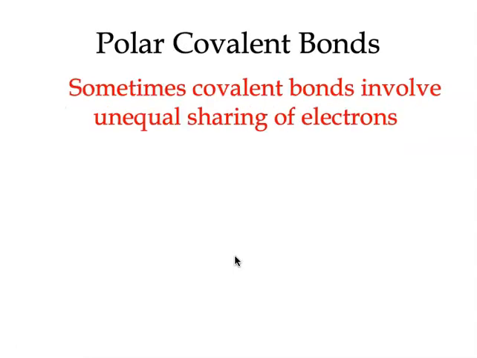But the situation that I lied to you about is that it's very common that when you are sharing electrons, you end up with something that is considered polar. Even though you are sharing two electrons, it is an unequal sharing. A really great example of that is something like hydrogen iodide or hydroiodic acid.